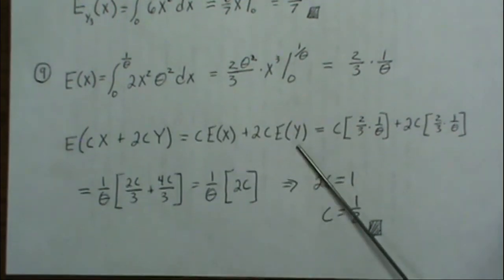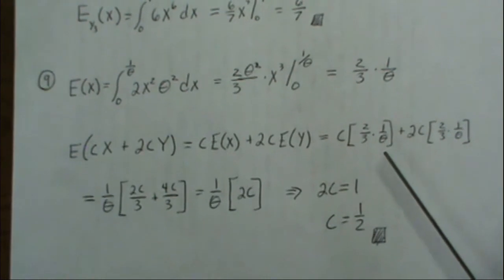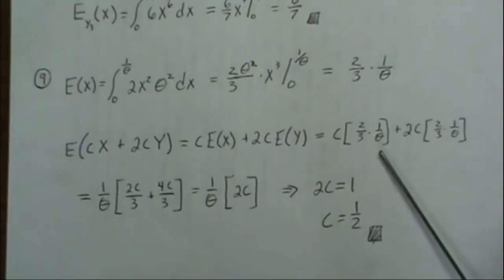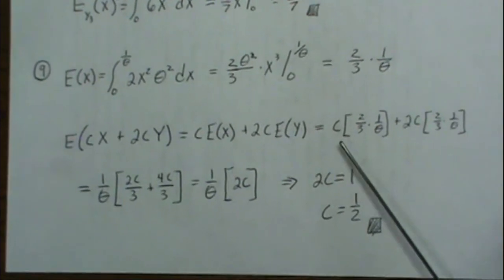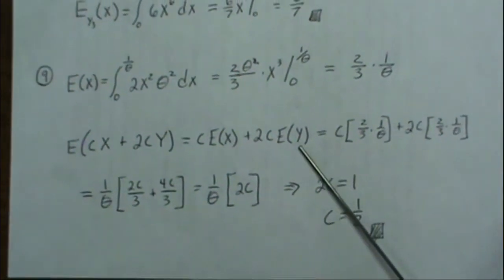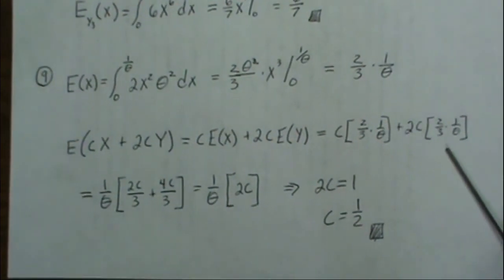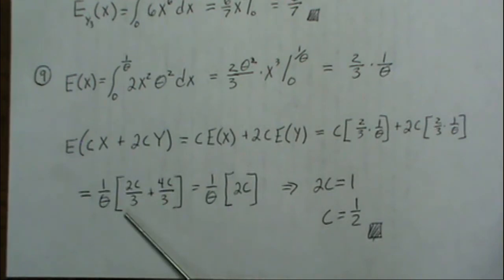X and Y are independent, and they both have the same density. So the expected value of X is 2/3 times 1/theta, and then that c is out front. And then this has the same expectation, so we bring it in. Simplify it a little bit. Simplify it a little more.